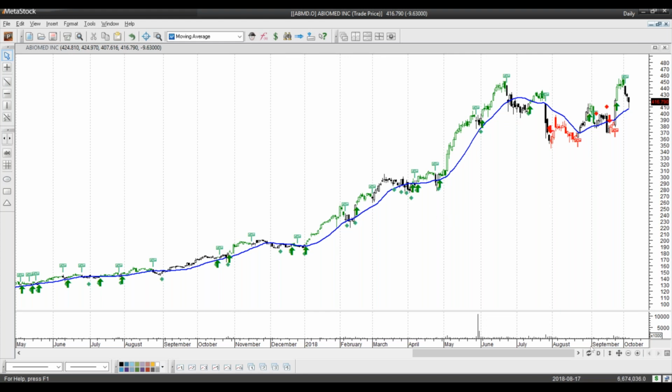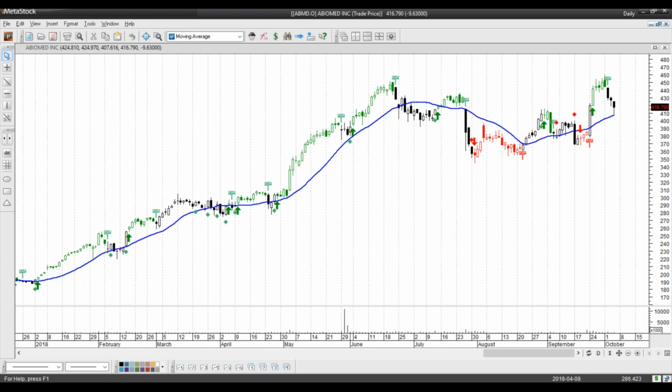So looking at the indicator, I'm going to zoom in here. There's three parts to it. There's these little diamonds, there's the arrows, and there's these little exit flags. The diamonds signify a setup bar, meaning it's giving you a heads up. It's not time to trade just yet, but a trade may be setting up.